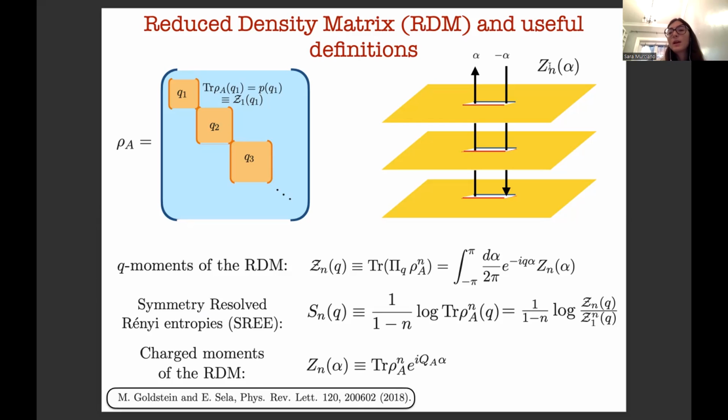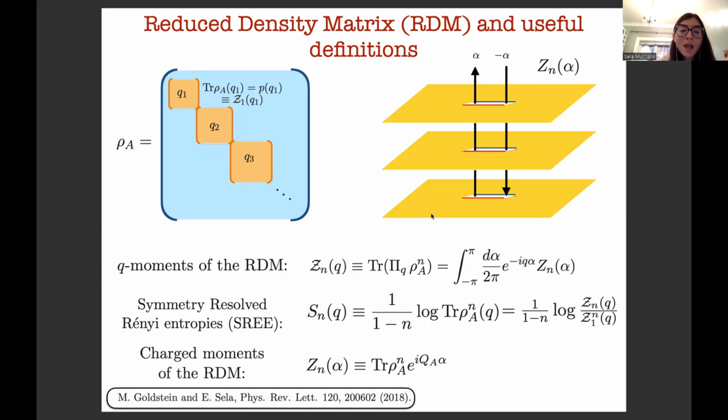So in principle, one can use all the tools that are known to compute the partition function on the n-sheet Riemann surface, but now taking into account that in going from one sheet to the other, the field will pick up an additional phase depending on alpha. These are the main definitions that concern the use of entanglement to analyze an abelian symmetry.